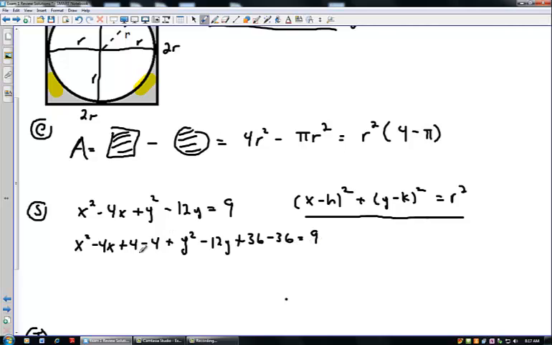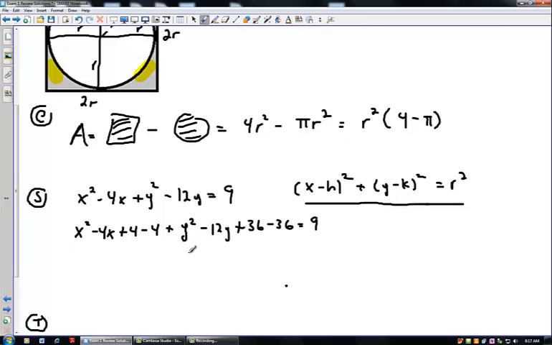So in all actuality, I'm just adding 0 here, and I'm just adding 0 here, so it's exactly the same equation. And because I added half the middle term squared, I can express these two expressions as perfect squares.